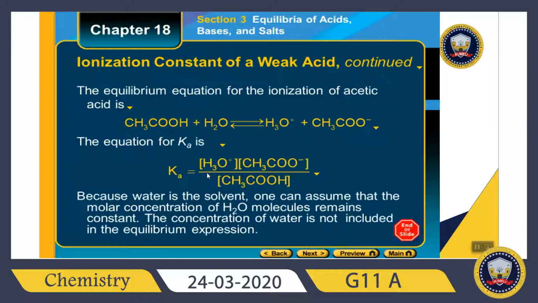So Ka equals the concentration of hydronium ion power coefficient times the concentration of acetate ion power coefficient over the concentration of the acetic acid power coefficient.